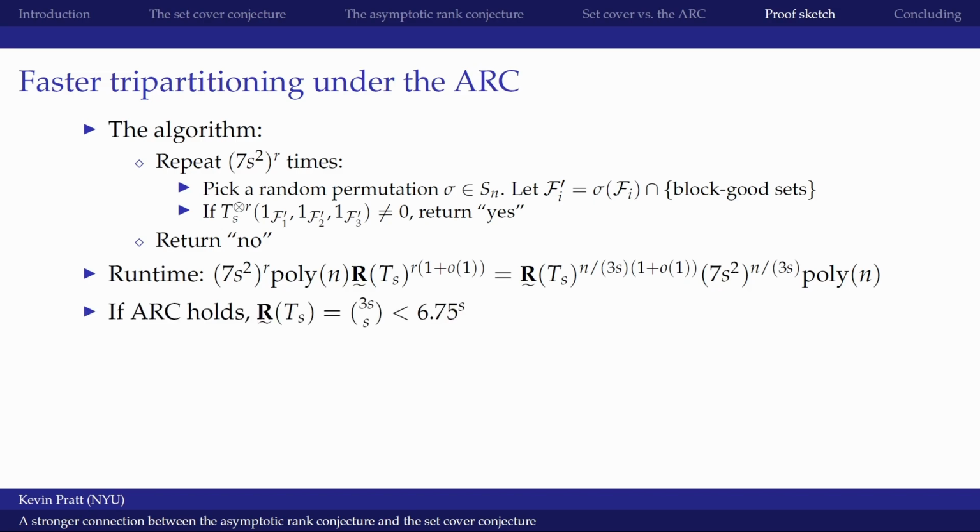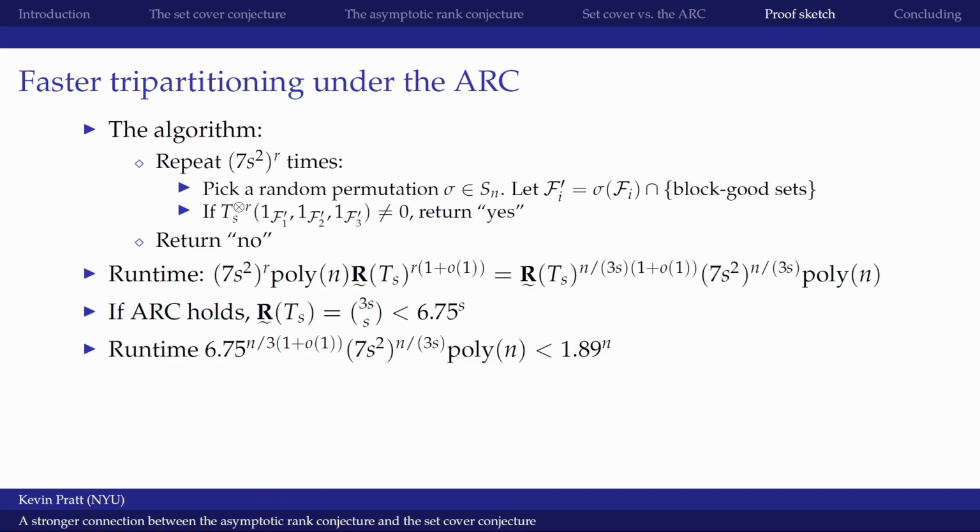Now, if the asymptotic rank conjecture holds, the asymptotic rank of T sub s is equal to 3s choose s, which is less than 6.75 to the s. So this gives us some hypothetical runtime bound under the asymptotic rank conjecture.